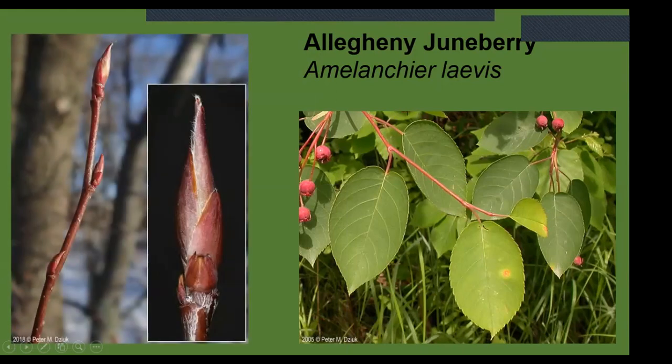Here are the buds, a really good identification feature for serviceberry. The buds are fairly soft to the touch, so they're not sharply pointy. The scale has this reddish color by the fall, and the scales are long and pointed.